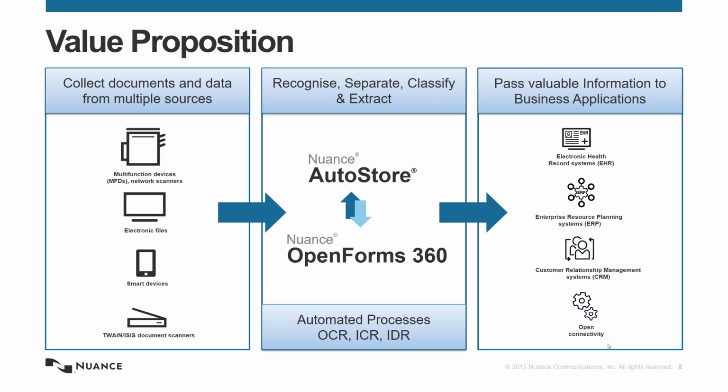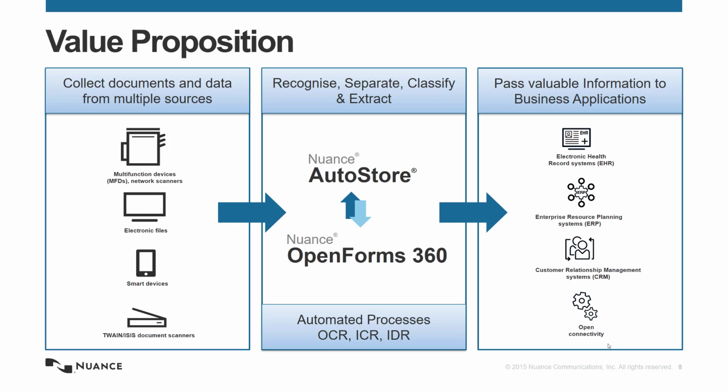It gives AutoStore a complete and unique value proposition in the fact that with AutoStore, you have this ability to collect documents and data from multiple sources, whether they are multifunction devices, whether they're network scanners, whether those documents are being collected via electronic files from, as you just saw, a user using auto capture to capture the file, whether AutoStore is monitoring a folder or a selection of folders, whether it's monitoring an FTP site, whether it's monitoring an email account, etc., whether the documents are actually being sent in by your own users from smart devices, or whether actually you're running high-speed 200, 300 page a minute scanners.